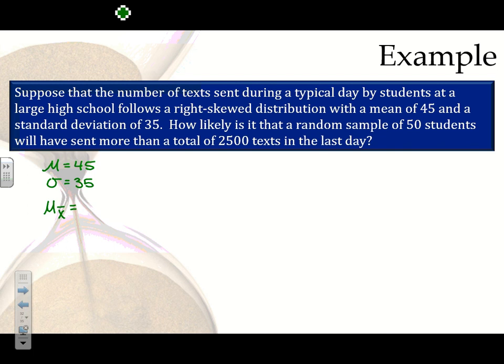Because now we're looking at a sample of 50 students, so we're basing everything on a sampling distribution where samples of size 50 were taken over and over and over again. It should be exactly 45. So knowing the population mean automatically gives us the mean of our sampling distribution. What would the standard deviation of our sampling distribution look like? 35.